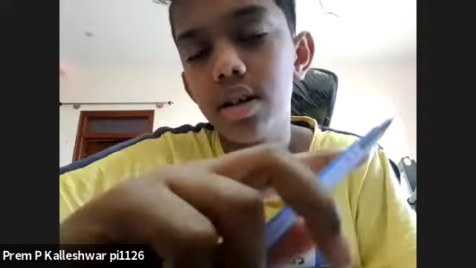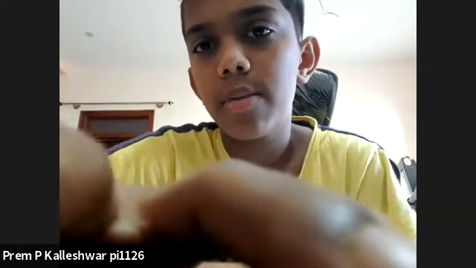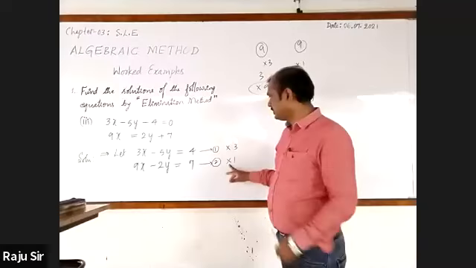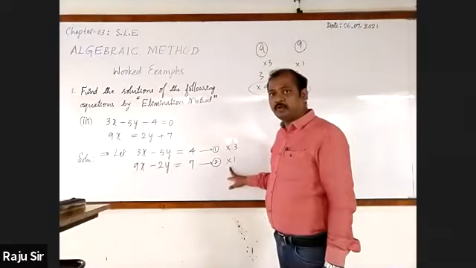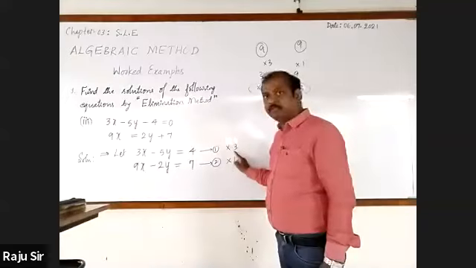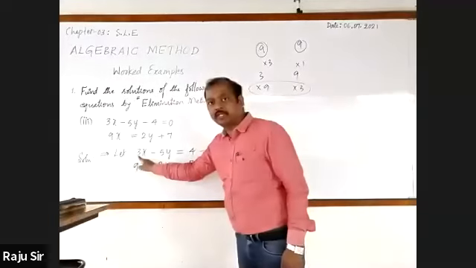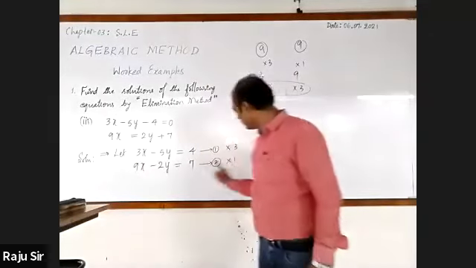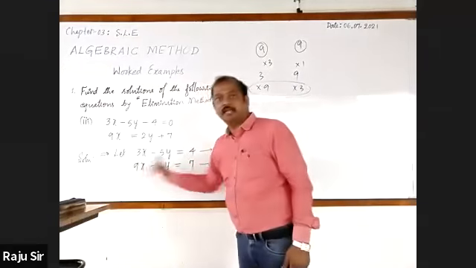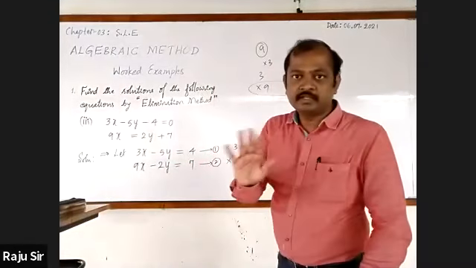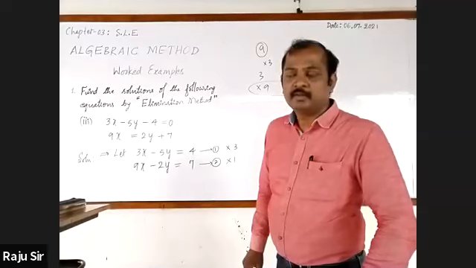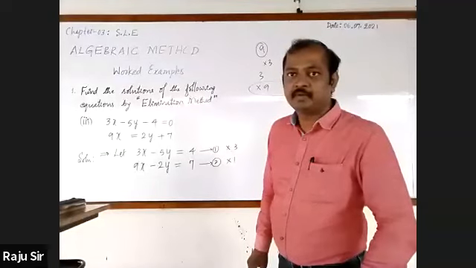No, no. Here we have written 3. 3 3s are 9, it is 9x. 1 9s are 9, 9x. Is it clear?